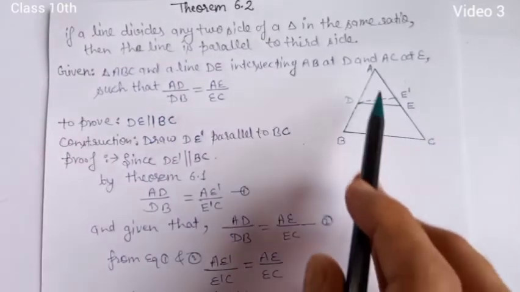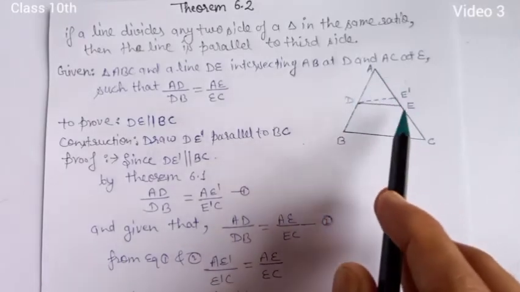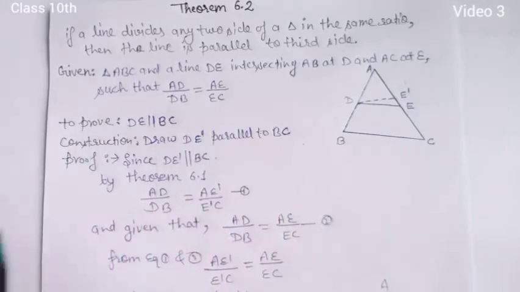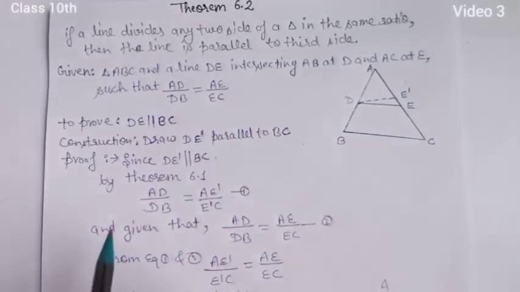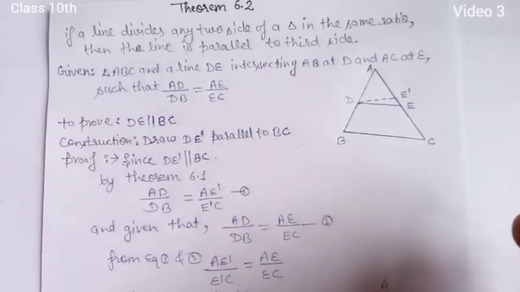These two ratios are equal, which we already proved in the previous theorem. So students, what we have to prove here is that DE is parallel to BC.